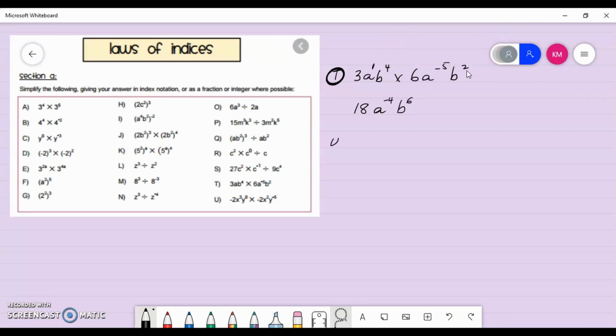Next, our last question. It's negative 2x³y⁰ multiplied by negative 2x²y⁻⁵. So here it's negative 2 by negative 2.